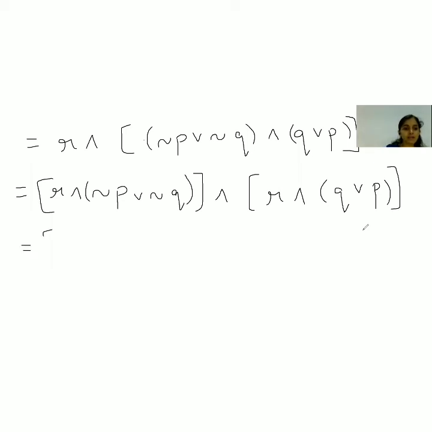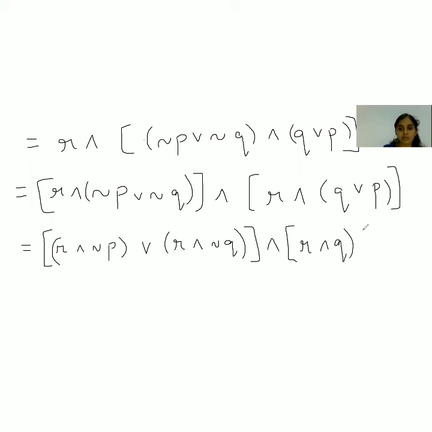Now we'll expand this with R. So we have R and negation P in one bracket or R and negation Q in one bracket, and again square bracket R and Q or R and P. Let us open all these brackets.